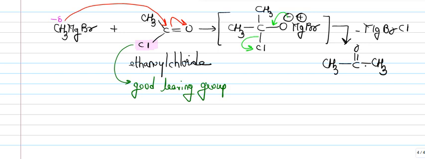This is a ketone, so if they write excess of Grignard, the reaction further continues, and if they write only 1 mole of Grignard, then the reaction stops here. If more of Grignard is present, then the next step takes place. In the next step, we take up once again CH3MgBr, the same thing.